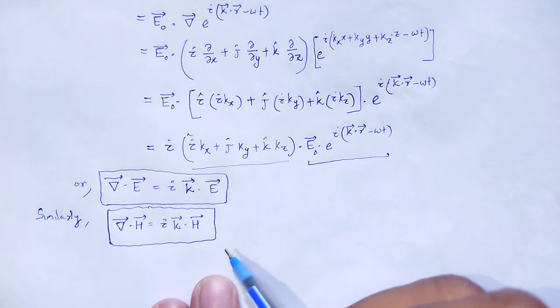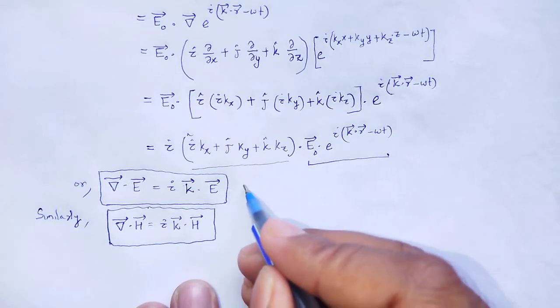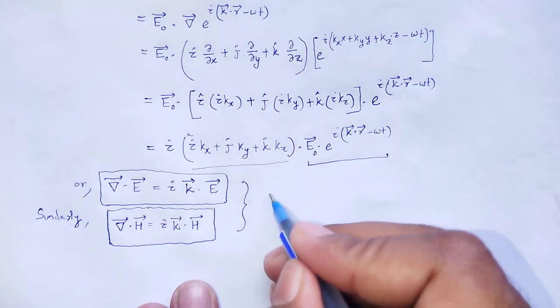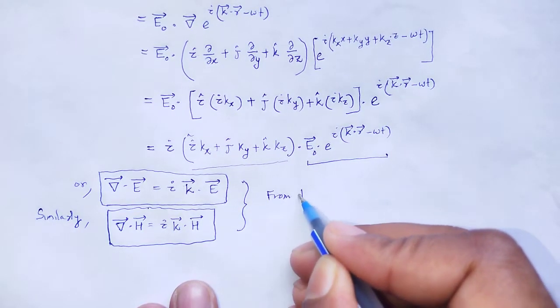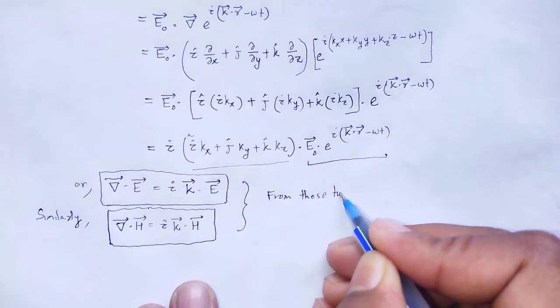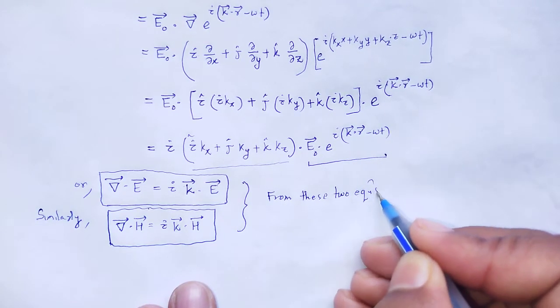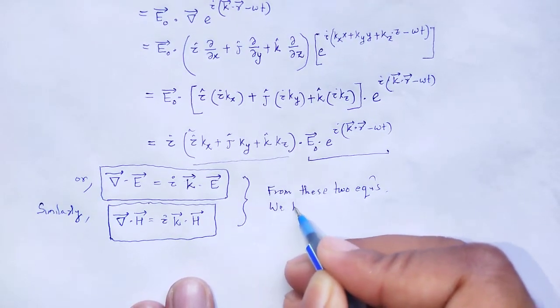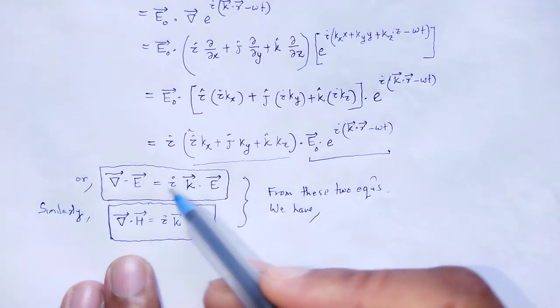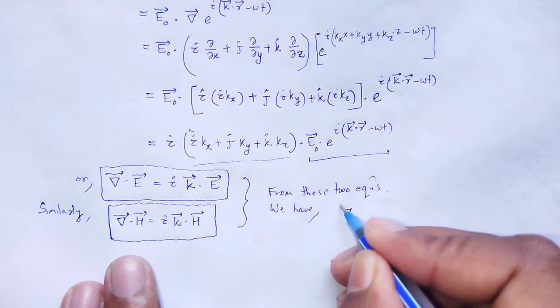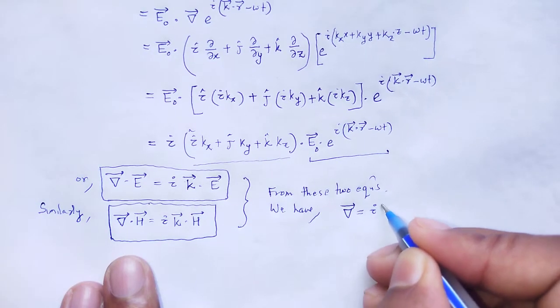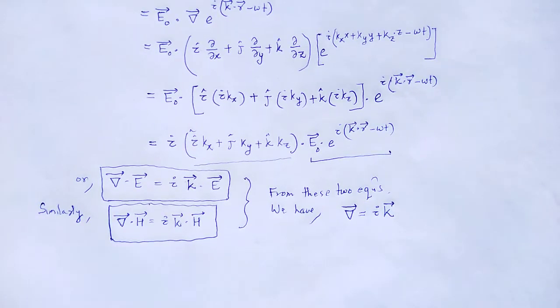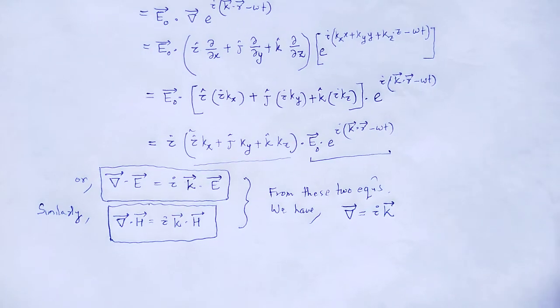From these two equations, we have E vector cancelled out. So, the grad operator is equal to i k vector. Instead of grad operator we can use i k vector. Now, proceed towards Maxwell's equations.